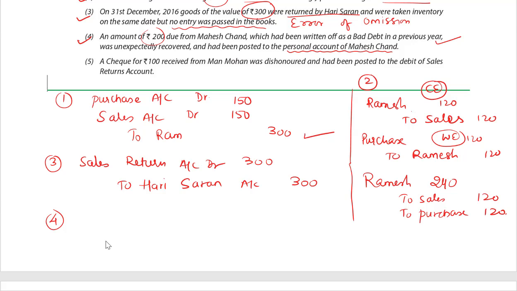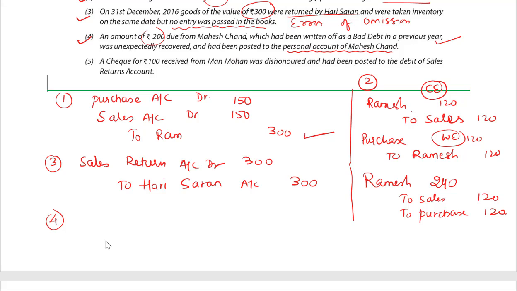We have already closed the personal account of Mahesh Chand by debiting bad debt. So whenever there is a bad debt in the previous year, the entry would be bad debt account debit to personal account of Mahesh Chand. So if Mahesh Chand's personal account is already closed, how can you post this recovery to Mahesh Chand? So this is wrong. How will you rectify that?